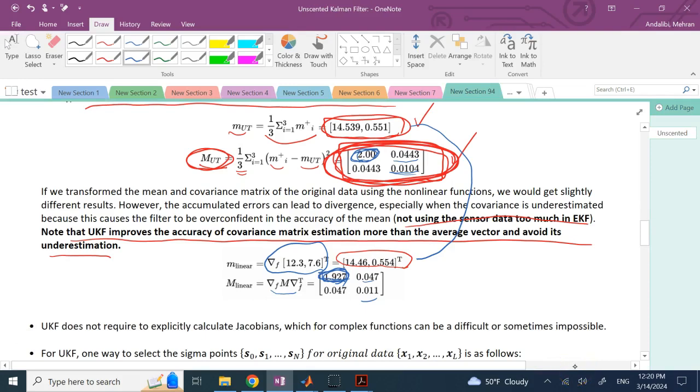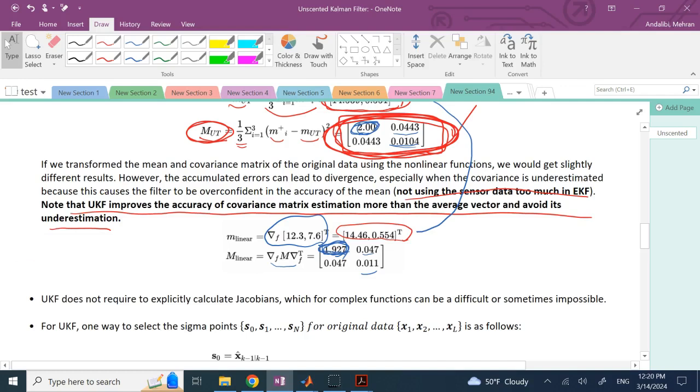Okay, so what's good about the UKF? We learned. Is there anything else good about UKF? Yes. What is it? UKF clearly does not need to know this Jacobian, so it does not need explicit what? Differentiations. Okay? Because sometimes this f function could be very complex for taking derivatives, or it might be impossible sometimes.